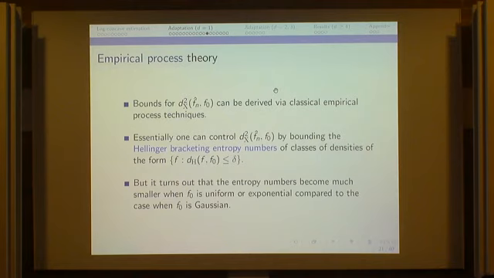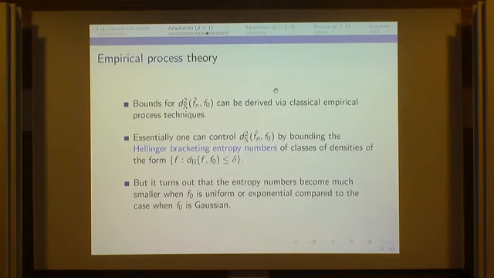So if these numbers are huge, then our parameter space is quite complex. If these numbers are small, then our parameter space is quite simple. If the parameter space is small, this number is small, and we will have a faster rate of convergence. If these numbers are really huge, our space is quite complicated, so the convergence rate will be slow.